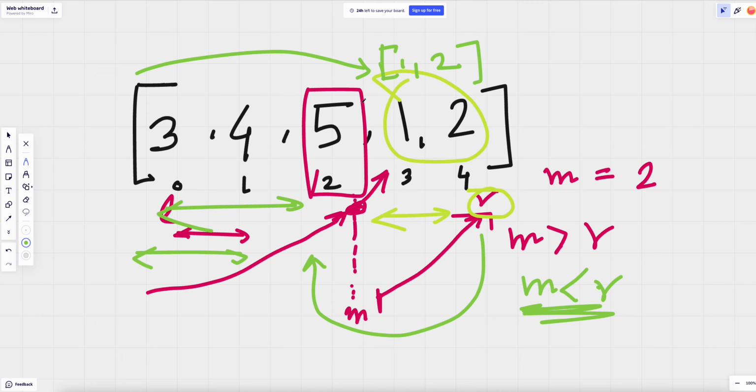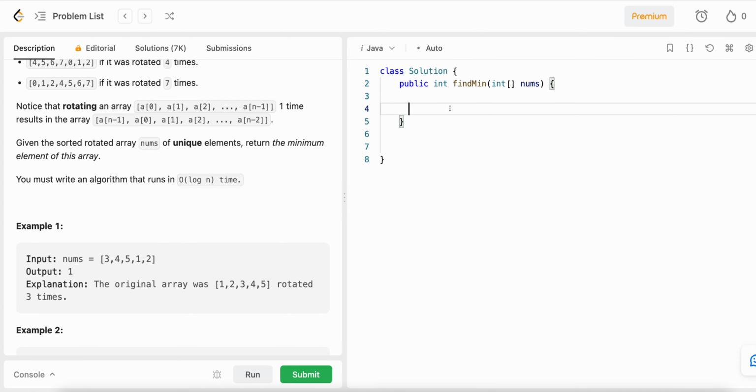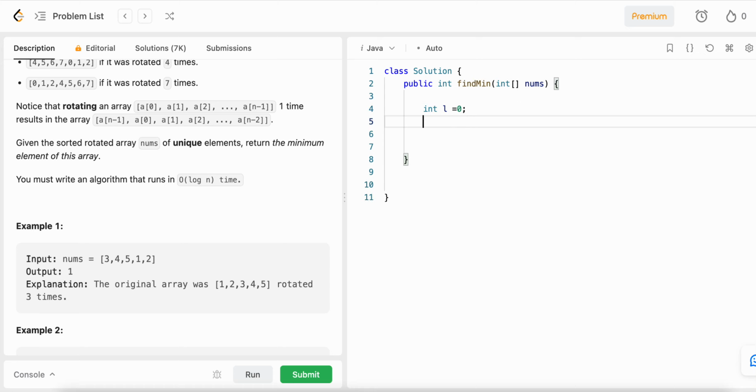Okay, let's write the algorithm. Maybe this question will be more clear when you see the code. Let's take my left, I'll just write L. Left is 0, my right is nums.length minus 1.